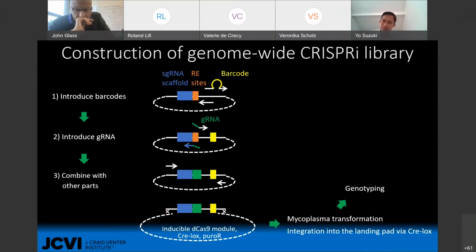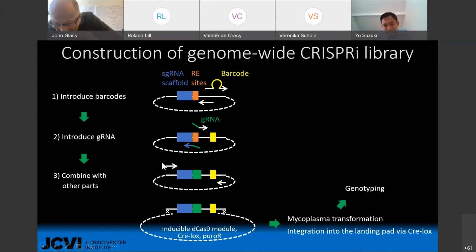So this is our scheme for constructing CRISPRi constructs. PCR is used to introduce a DNA barcode to enable mass experiments, and PCR is used to add the gene-specific guide RNA sequence.